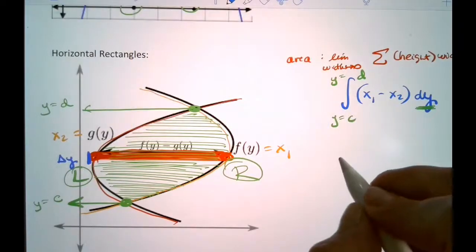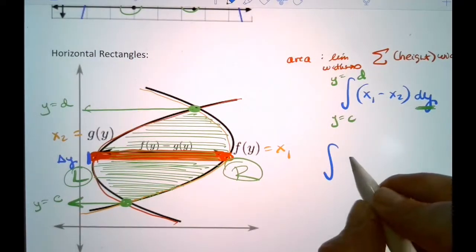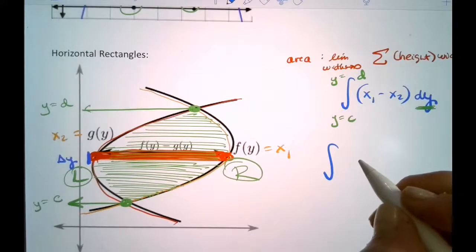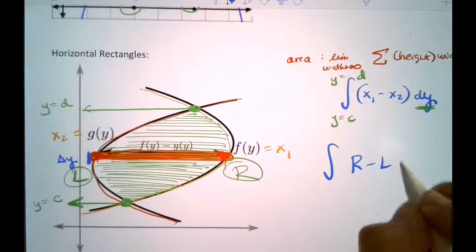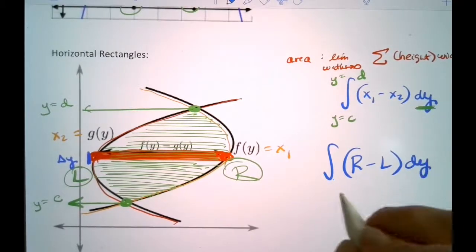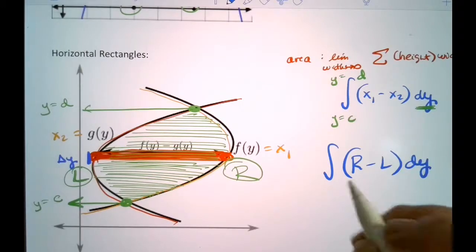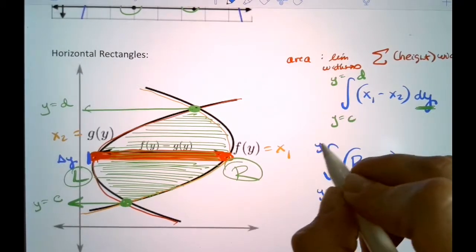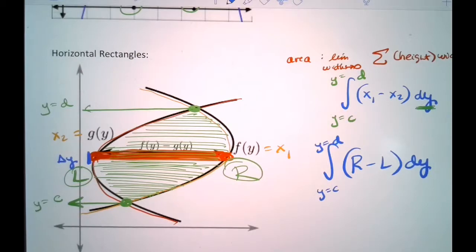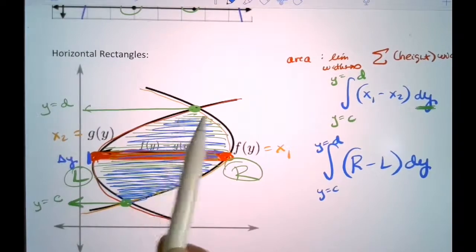So what I want you to know is that if you're doing something on a horizontal presentation, you're going to set up right minus left dy, and then again, that dy is a powerful statement where you look on the y-axis now for your limits of integration. Okay, that's where you start building your area, and then you stop.